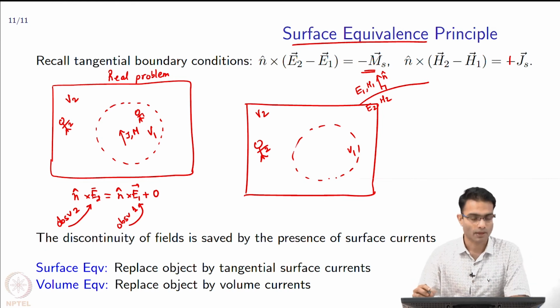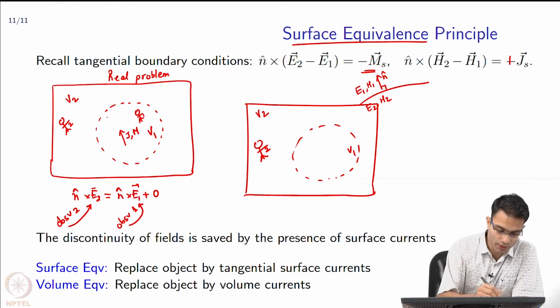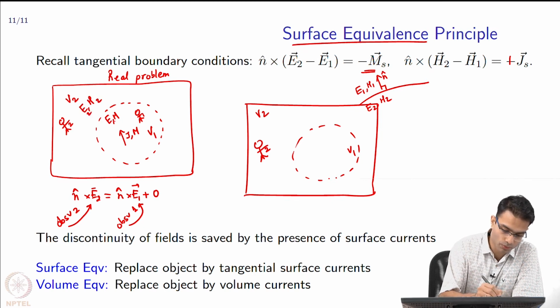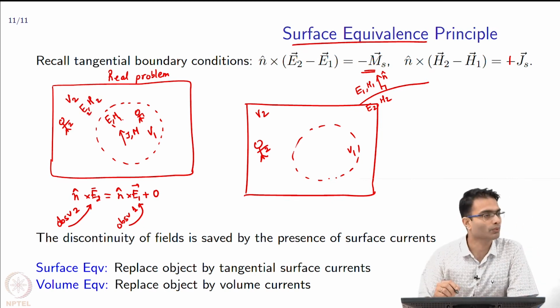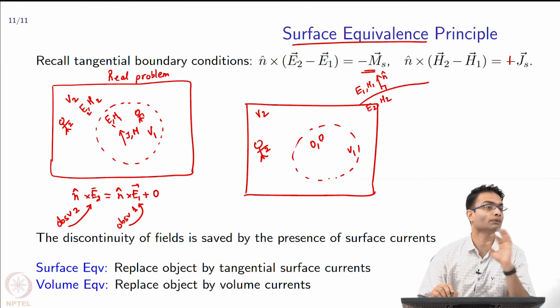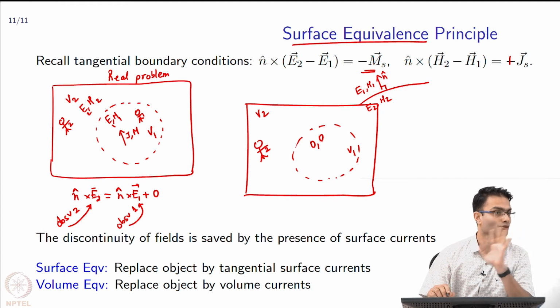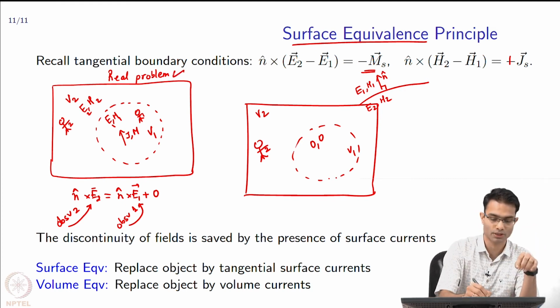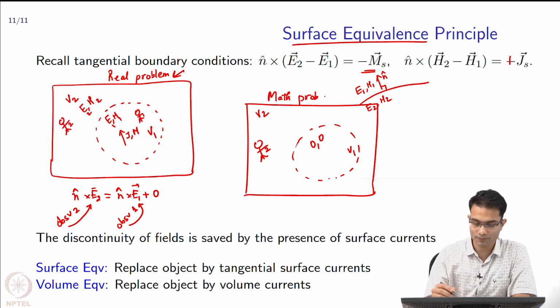Here the fields were E2, H2 and E1, H1. Here what I do is, I set the fields equal to 0. Remember, this is now an equivalent problem. It is not a physical problem. The physical problem was here, this is a math problem. So, let us play along with this game.